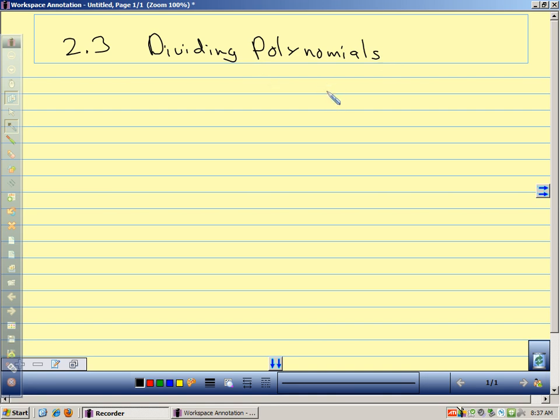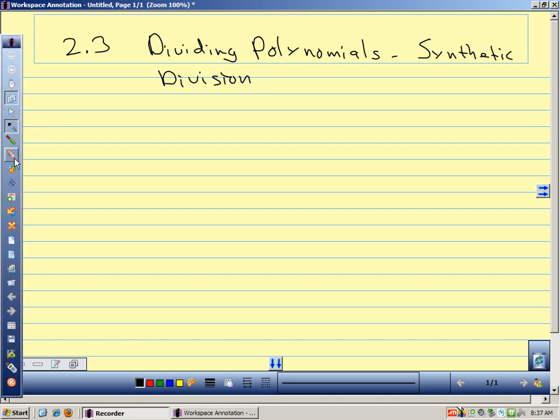So we're going to talk about dividing polynomials, and then we'll learn for certain kinds we'll have a shortcut that's called synthetic division. And when we can use synthetic division, it's pretty nice.